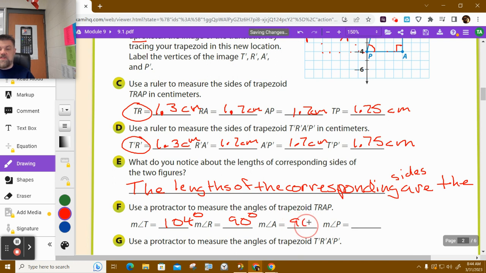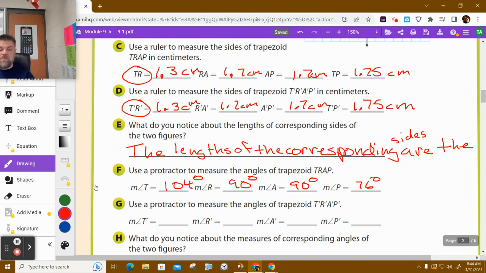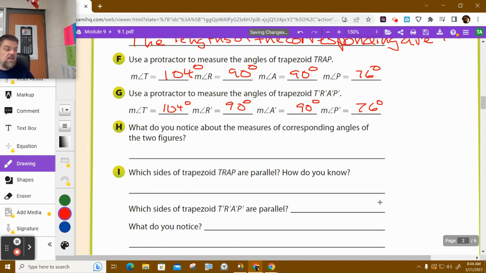This should be 90 degrees. I'm trying to finish this before you guys leave. This should be 76 degrees if you guys measured that. And these will be the exact same. 104, 90 degrees, 90 degrees. I said it was about 80, but actually it's 76. What about the angles? They're the same.